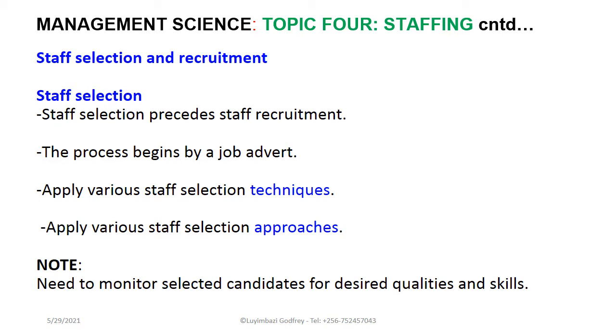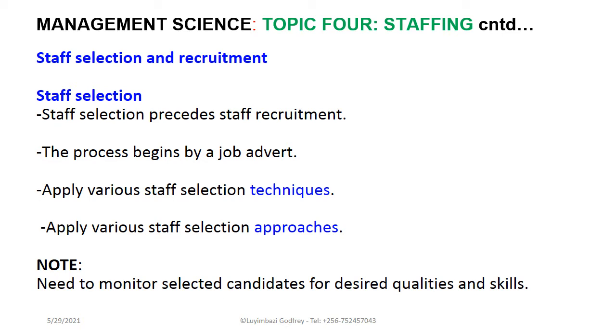Now, you may apply various staff selection approaches as well. One of the approaches that we can apply is personal preference. You may personally prefer somebody to come to your organization, so you may use personal preference approach to select that person to come to your organization.